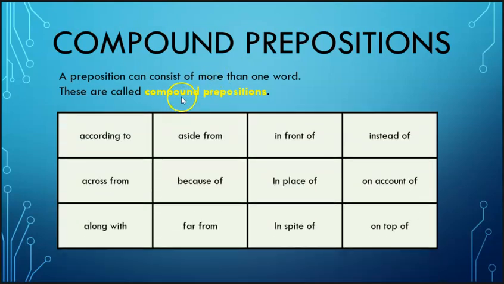Some examples of common compound prepositions: according to, across from, along with, aside from, because of, far from, in front of, in place of, in spite of, instead of, on account of, on top of. You can see in many of these cases, they're made up of words that might be prepositions on their own. We're just putting them together, and we have a compound preposition.